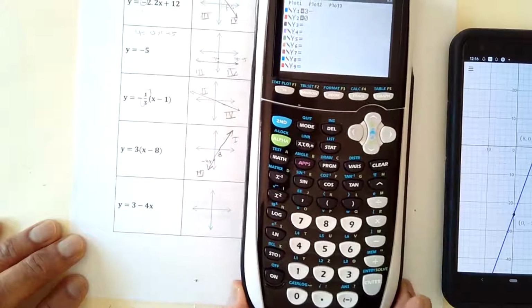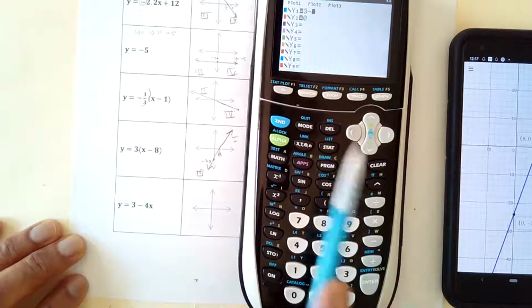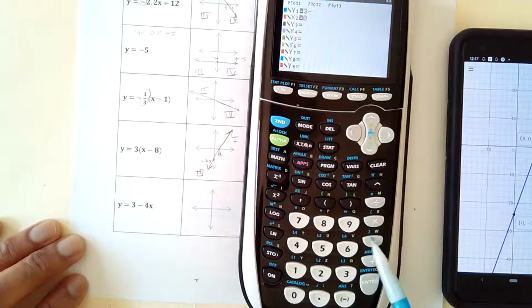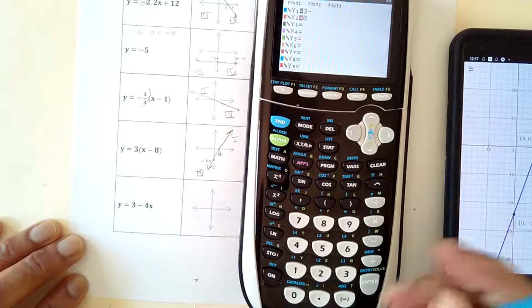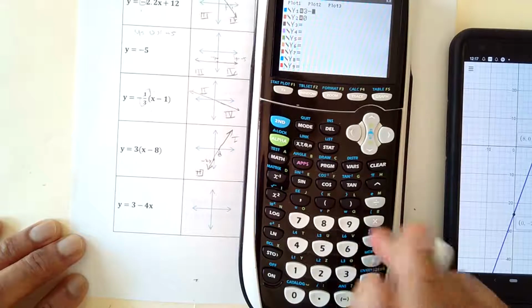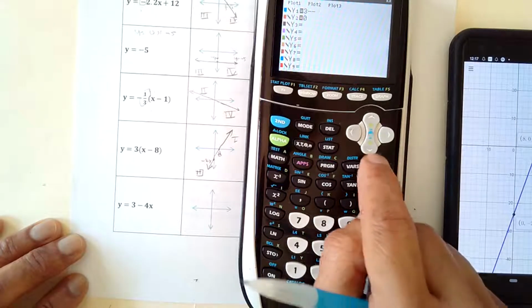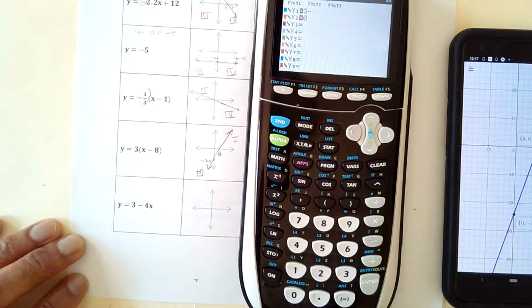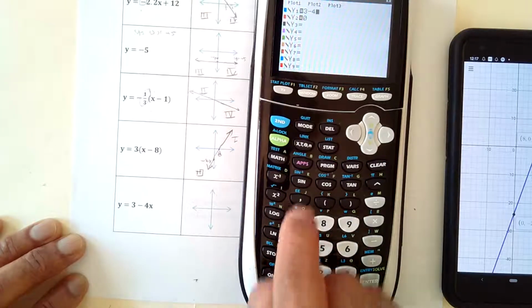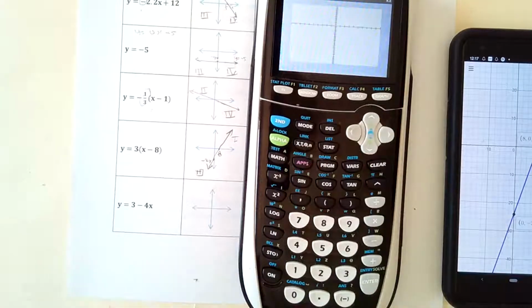Otherwise, use the subtract button. So 3 minus 4x, graph. Notice your slope should be negative, and it is negative.